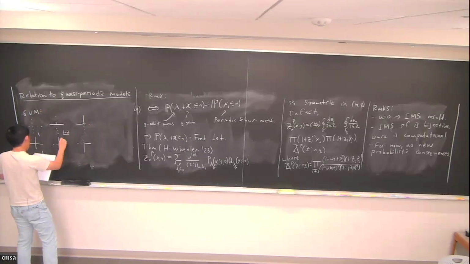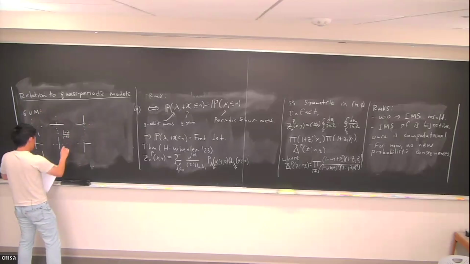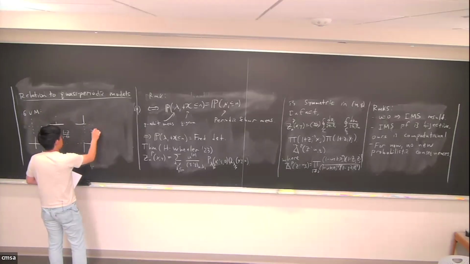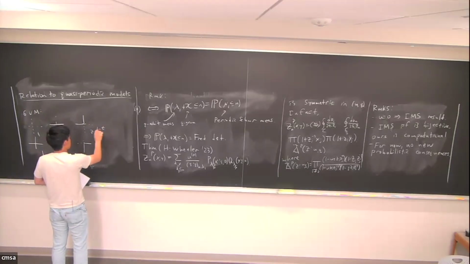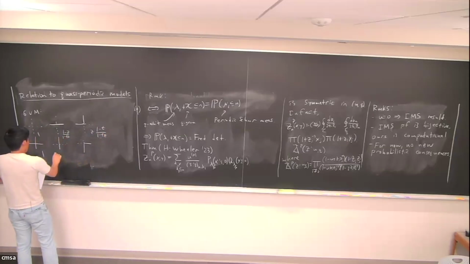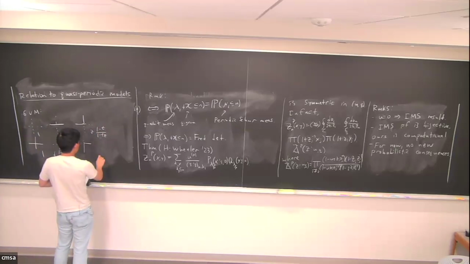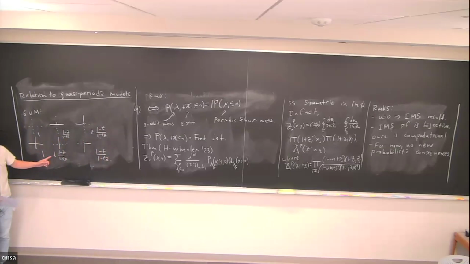It's (1 minus z) over (1 minus tz), z(1 minus t) over (1 minus tz), t(1 minus z) over (1 minus tz), and (1 minus t) over (1 minus tz). Okay, so I'd use t rather than the q.